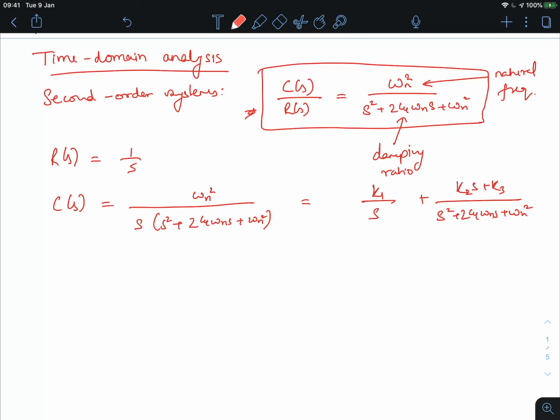Since we are analyzing only the underdamped response as the most generic behavior of a second order system, we would obtain C(s). You can compute the values of k1, k2, k3 by yourself.